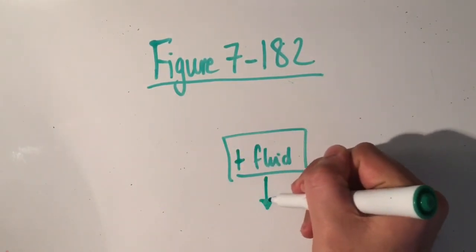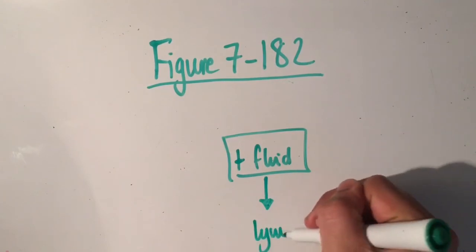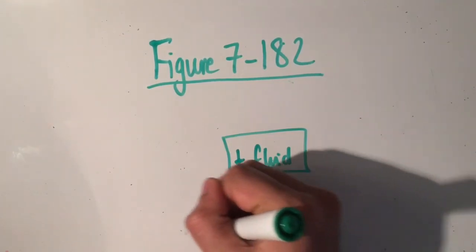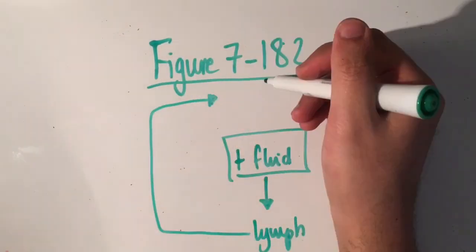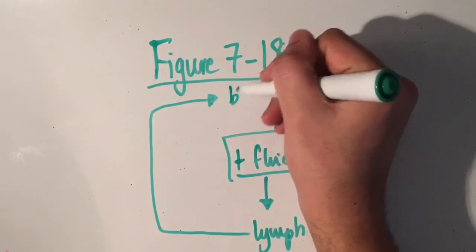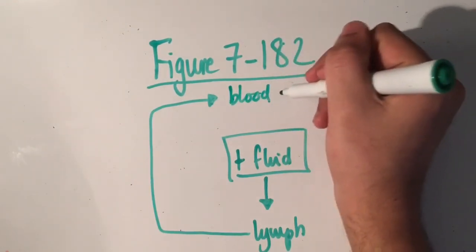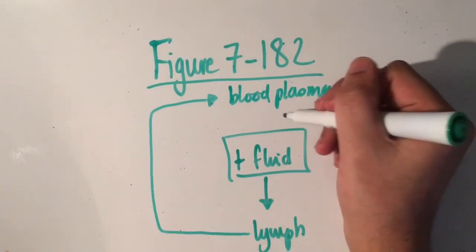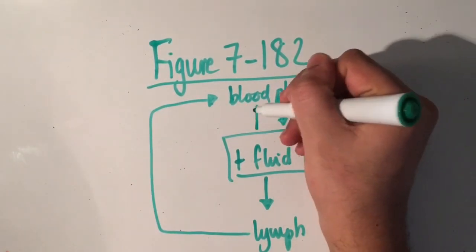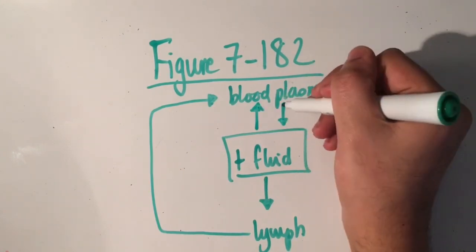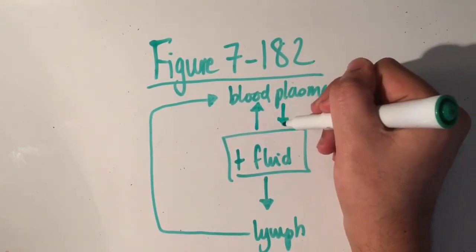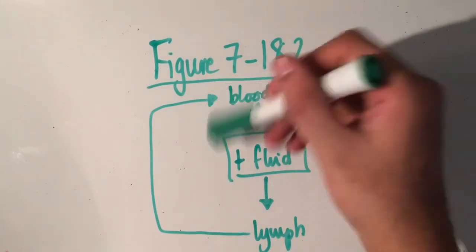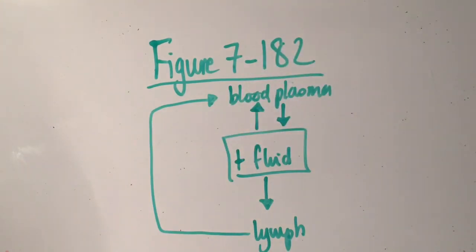It drains into the lymph, it returns to the blood plasma through the veins, and then of course we've seen how in the capillaries the tissue fluid can leave. It can be picked up towards the venous end of the capillaries to then return to the heart.